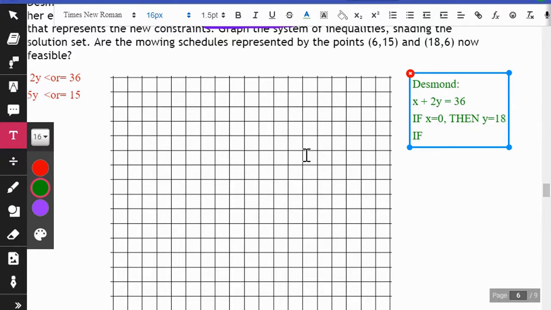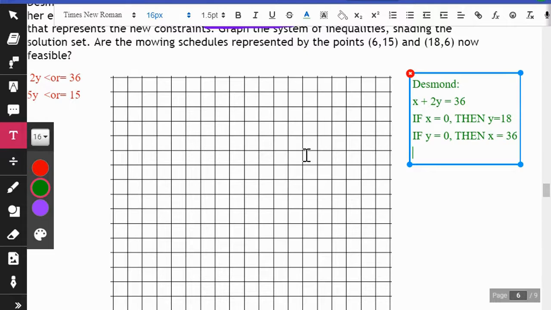And if y equals 0, then x equals 36. There we go. So what do I got? I got the point 0, 18, and the point 36, 0.